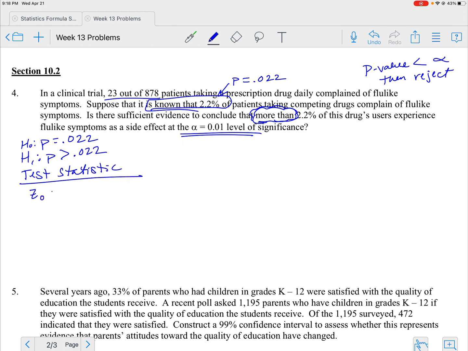Then I'm going to write my formula down here so that I can fill in and we can see what we all need. So I already have this P naught over here. That's what I start with. My P hat, however, is something that I still need to get. So that's going to be 23 out of 878. I'm going to go ahead and round that to four decimal places.